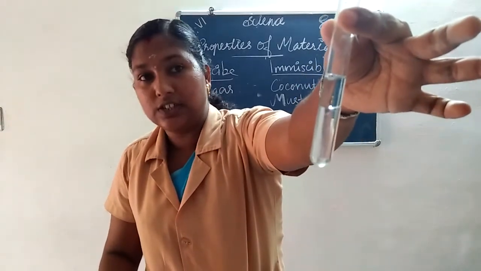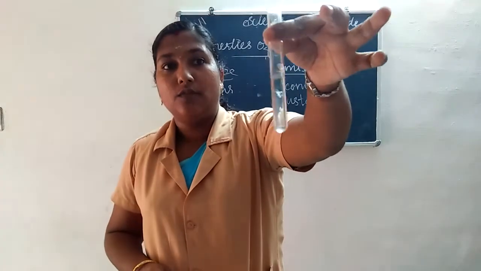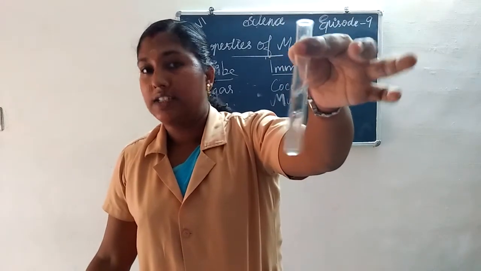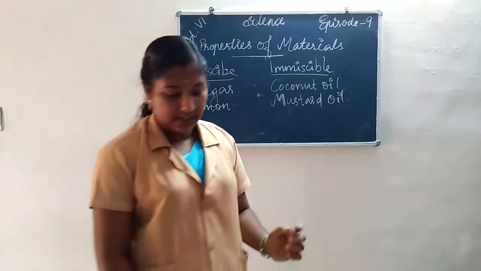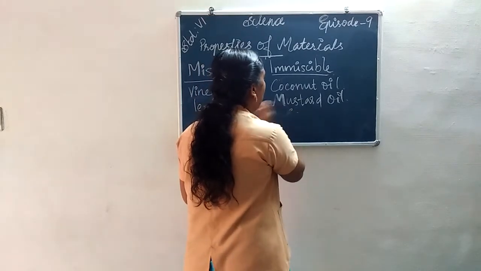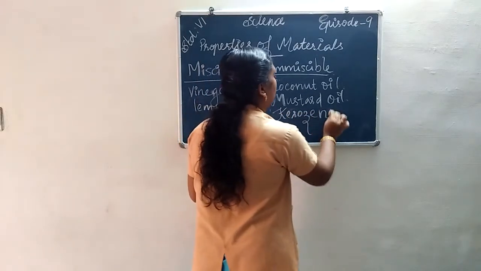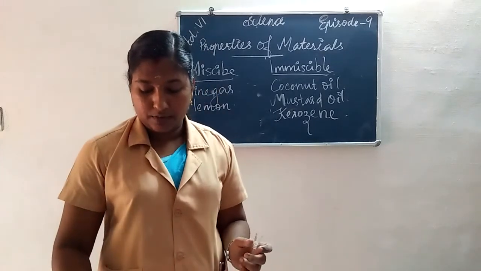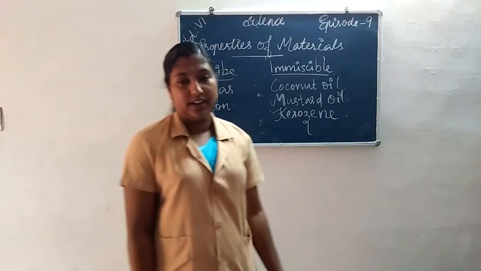The kerosene does not mix well with the water. It is separated from the water. It cannot disappear. So, kerosene is an example of an immiscible liquid. All of you understood?